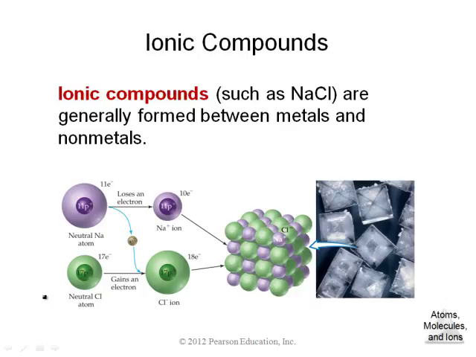So ionic compounds such as NaCl, sodium chloride, are generally formed between metals and non-metals. We just talked about ions. Mostly the metals will form positive ions and non-metals will form negative ions.